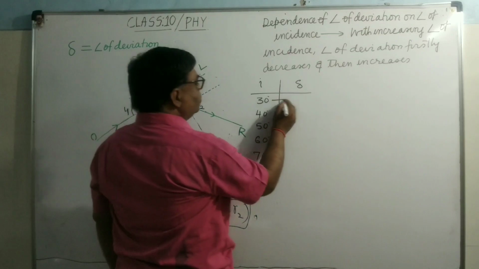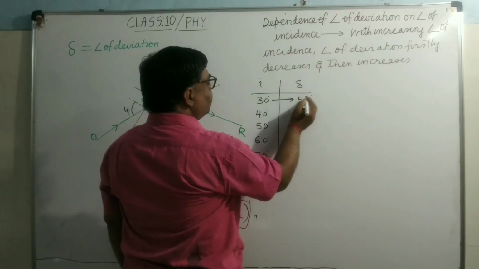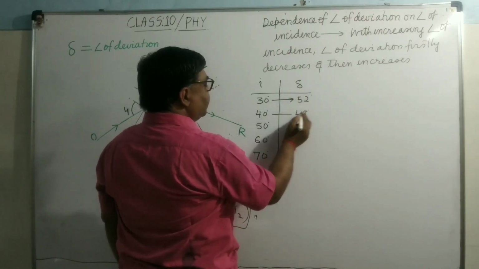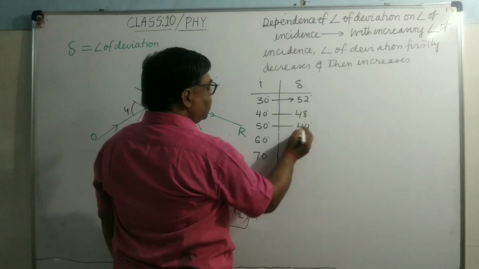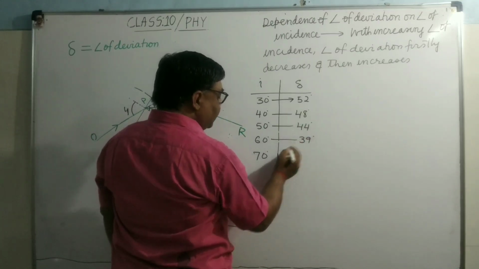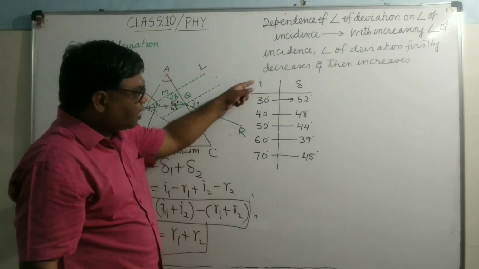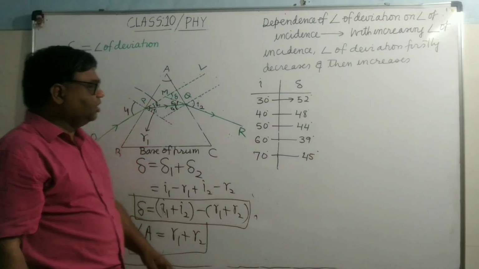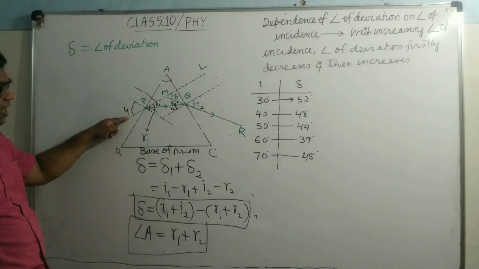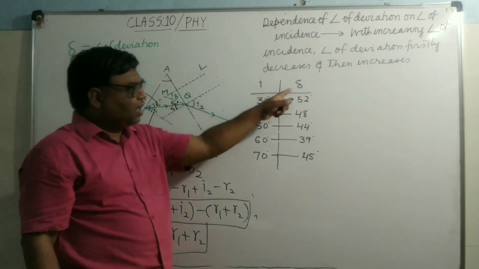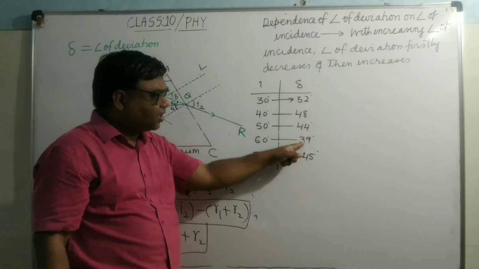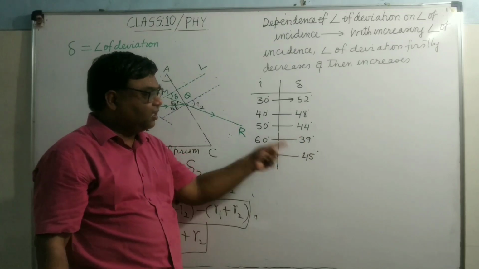The values are something like this: 52 degree, 48 degree, 44 degree, 39 degree, and 45 degree. So you can see the angle of incidence is continuously increasing, and the angle of deviation firstly decreases up to 39 degree and then increases.